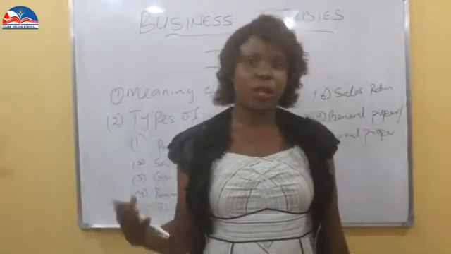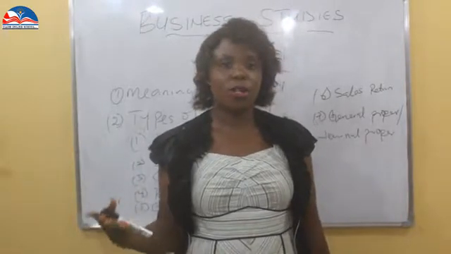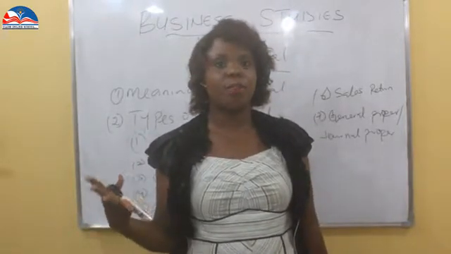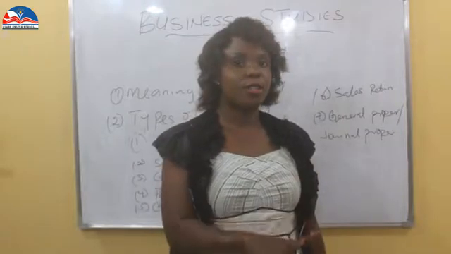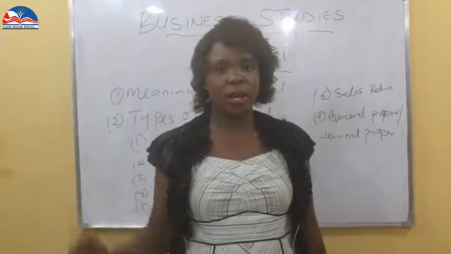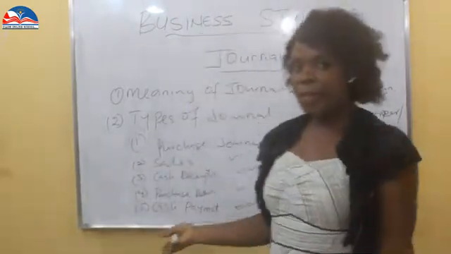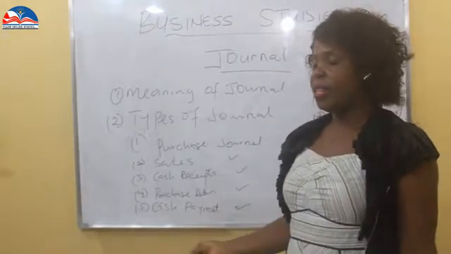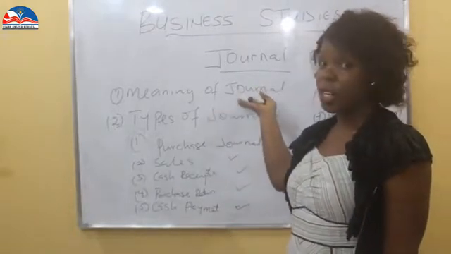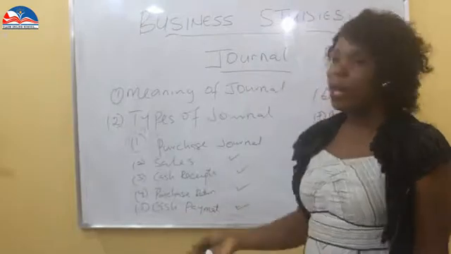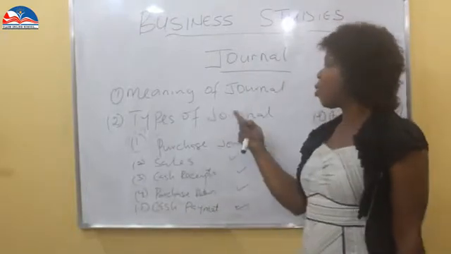As we go further in bookkeeping, we are going to see how these entries are made into a ledger. Having seen what a journal is, we are going next to types of journal.